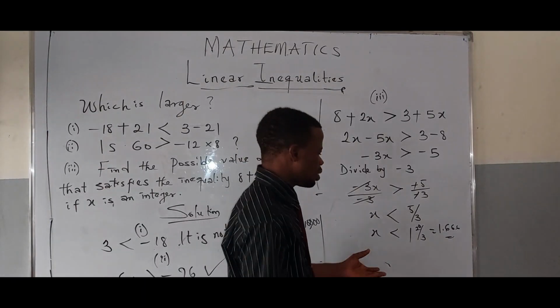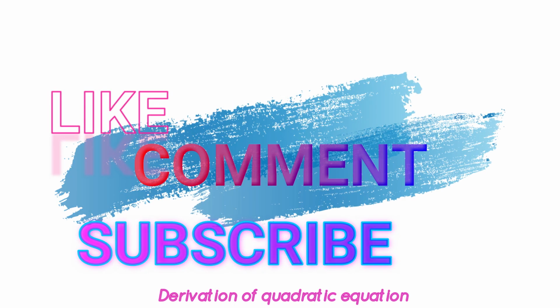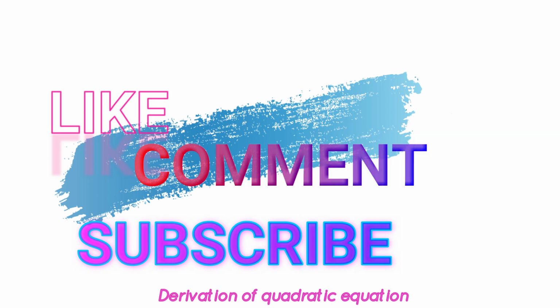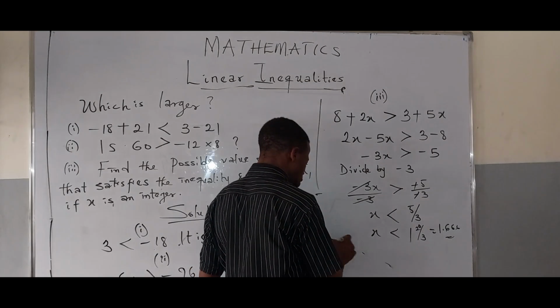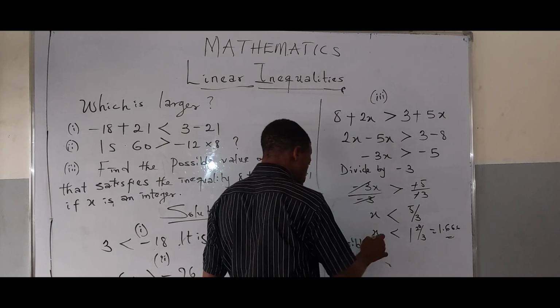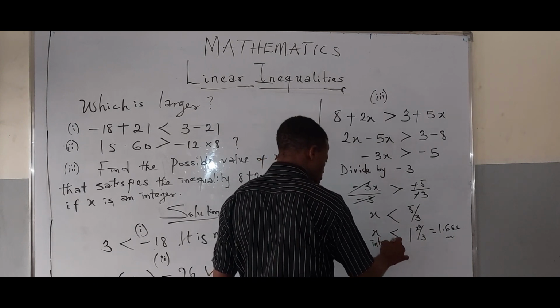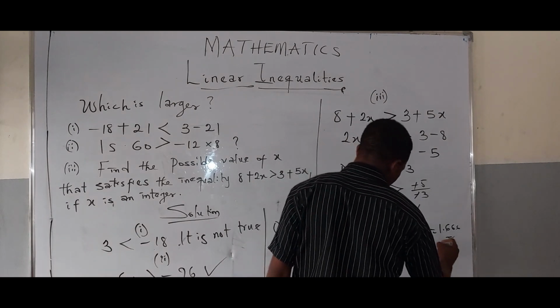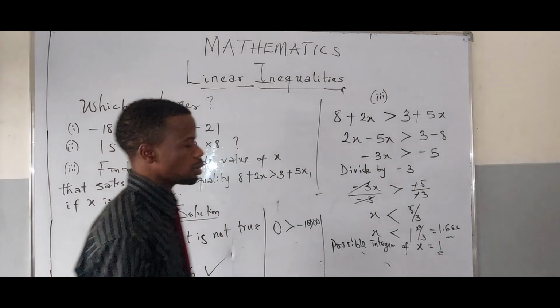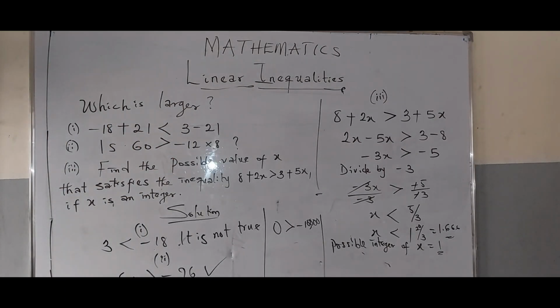So x should not be up to this 1.6. So the possible integer that you can get for x is 1. It is 1.